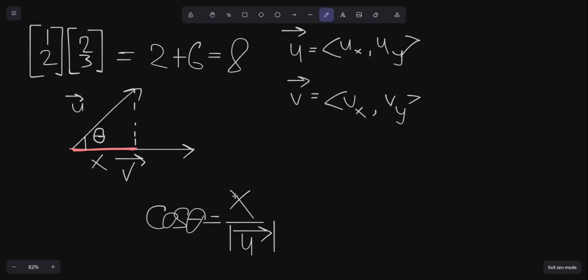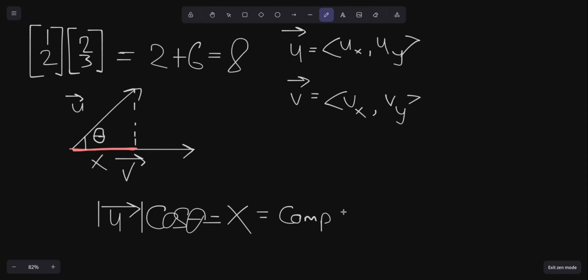And so x is just going to be the magnitude of vector u times cosine of the angle. So there we have it. Now, this is going to be referred to using fancy notation. This is going to be the component of vector u onto v.